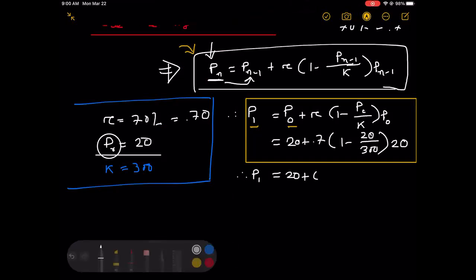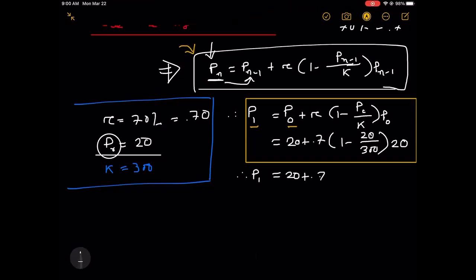You can cross-check your answer, because using the calculator in the right way is also required to get to the exact same result. Okay, so this would be 1 minus 20 over 300, which is 280 over 300, times 20.